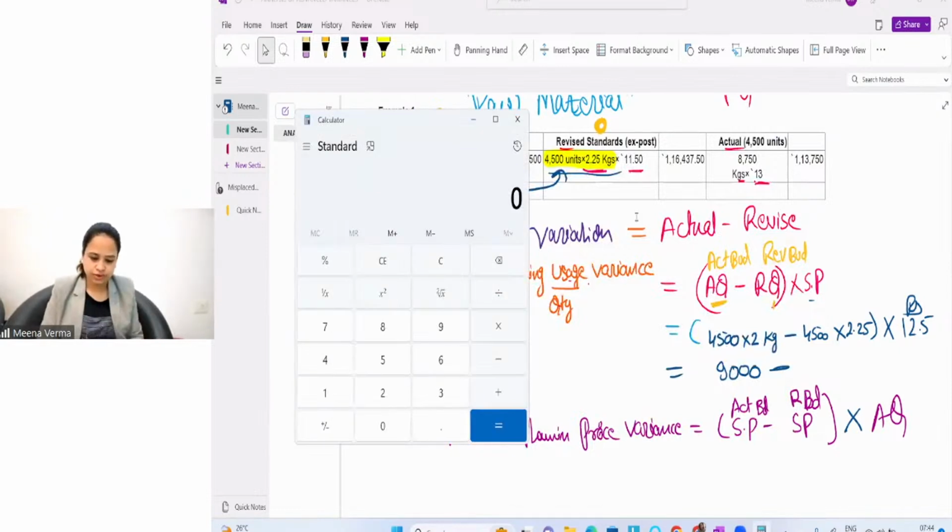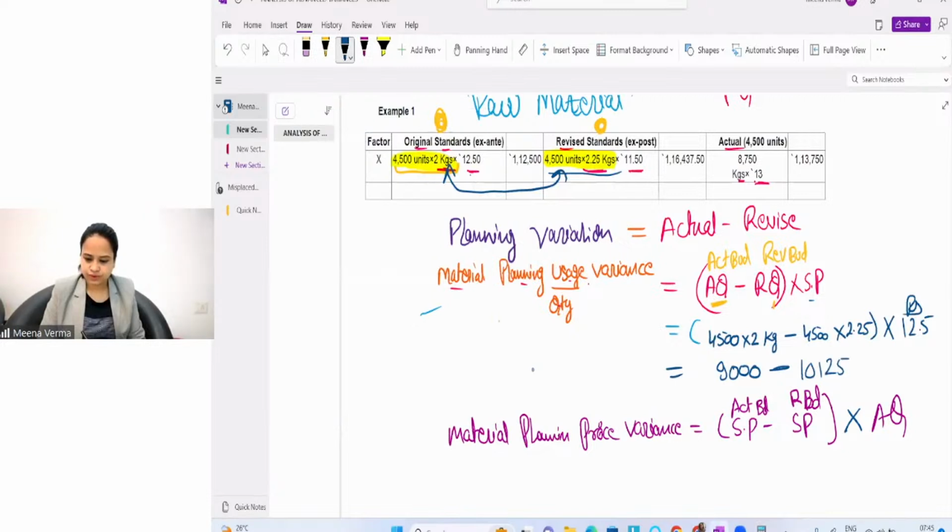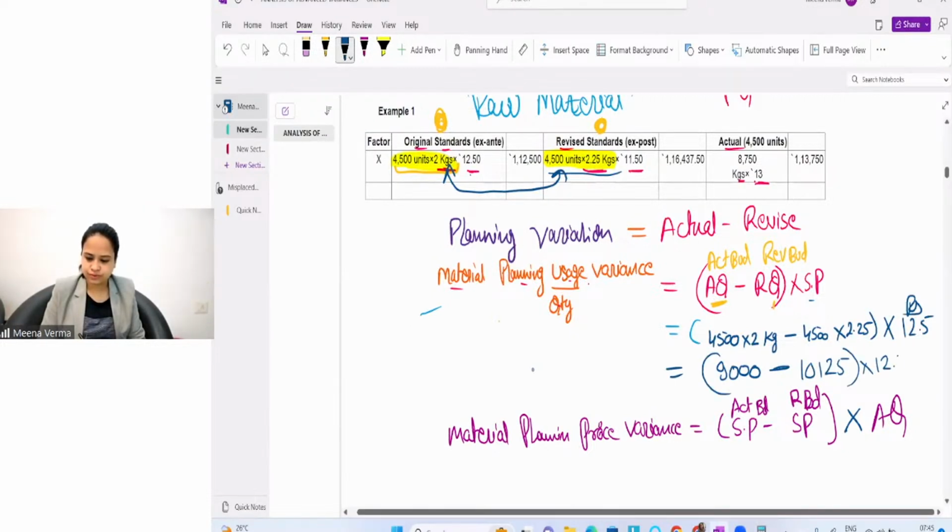So this is 4500 into 2.25. This is coming as 10125 kg of raw material. Solve it and tell me what it is coming.